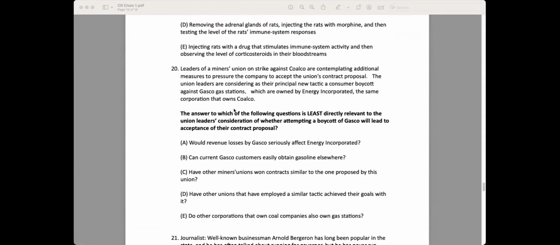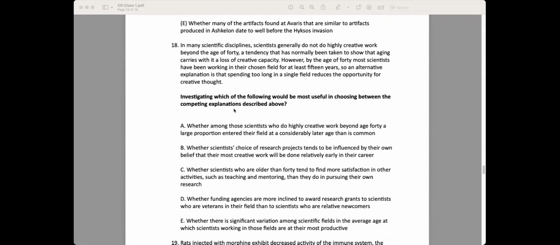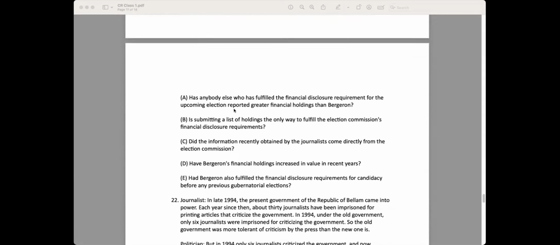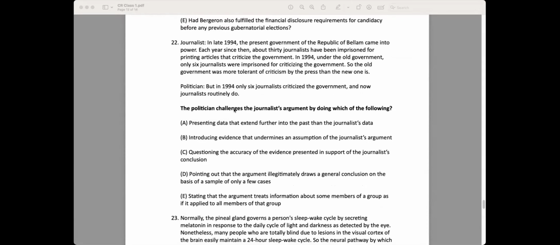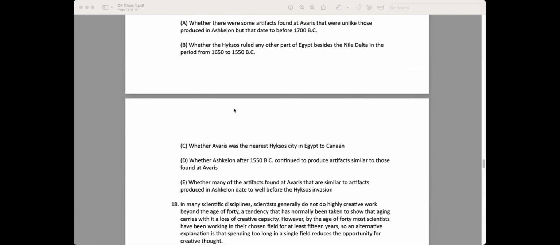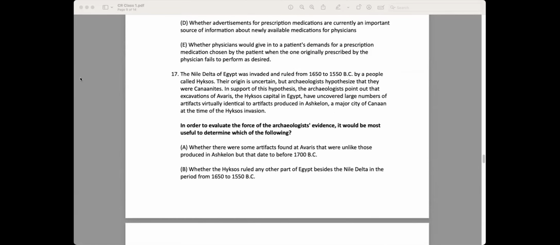We do this one: 17, 18, 22, and 23. Try these four questions.